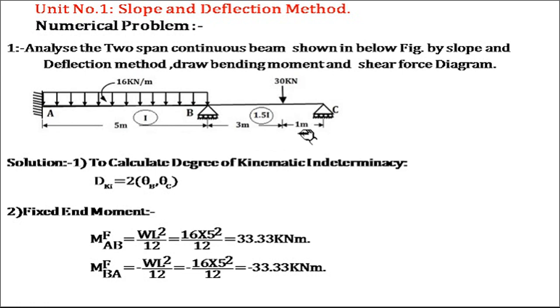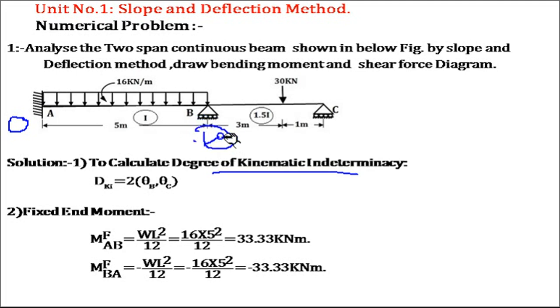Now the first step in slope and deflection method is to calculate the degree of kinematic indeterminacy. As we have learned in the last video, for a fixed support the degree of freedom is 0. For roller support in case of beam we consider the degree of freedom as 1, that is theta.